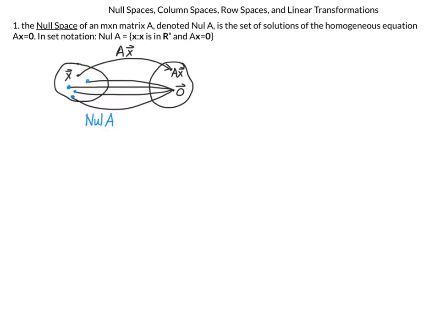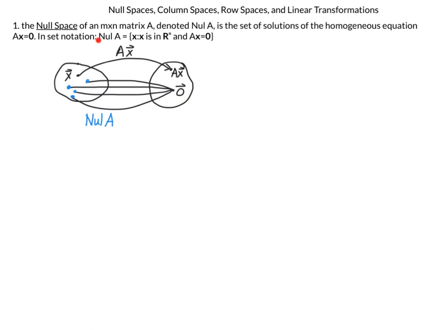The null space of an M by N matrix, denoted null A, is the set of solutions to the homogeneous equation AX equals 0. So if we think of A as being something that takes a vector X and maps it to another vector Y, which is equal to AX, then all the vectors, here I have 4 blue vectors, that get mapped to the 0 vector over here, would be considered the null space of A. It's the things that get crushed down to 0.